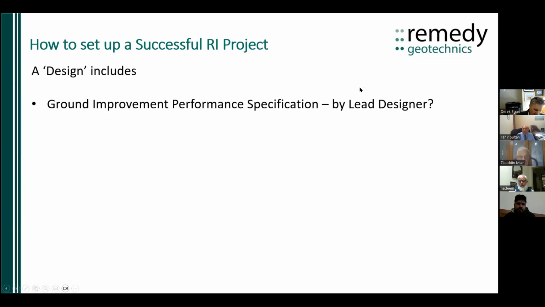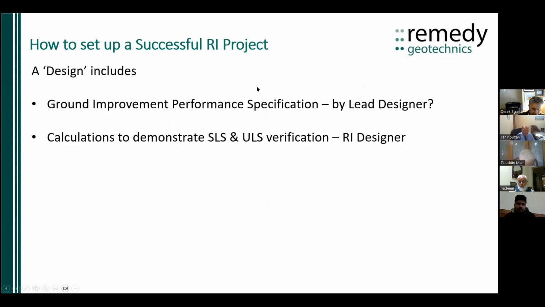They're going to give the loads, the settlement criteria, and there may be limitations or criteria relating to size of column, spacing of column, etc. Then there's got to be the calculations to demonstrate the rigid inclusion system is going to work.